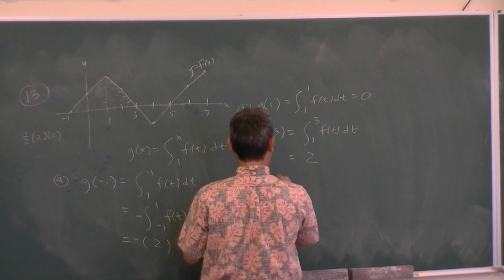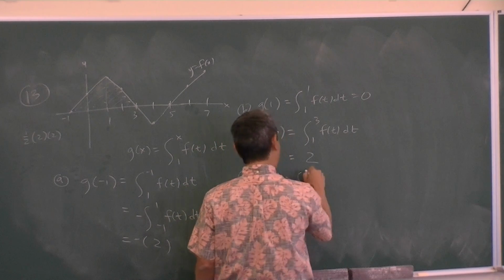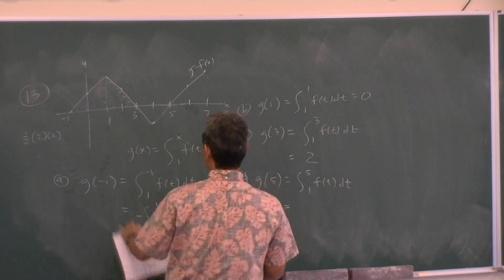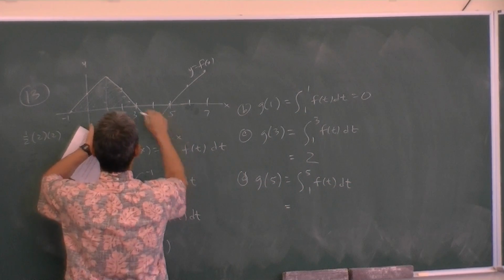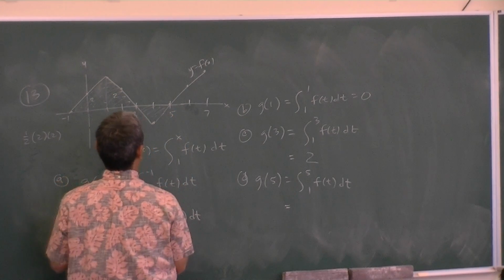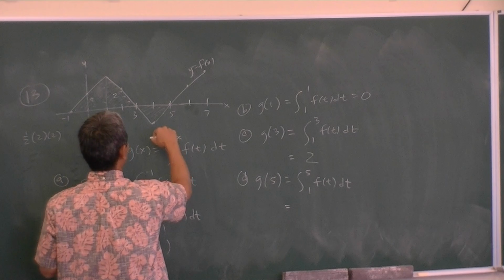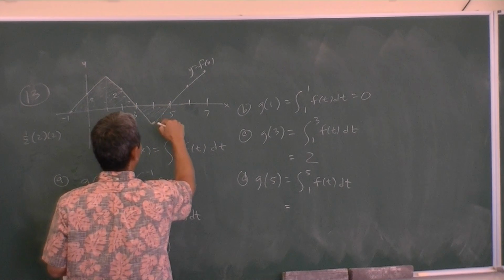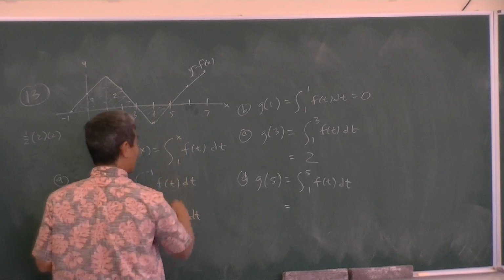D. g of 5. That's the integral from 1 to 5 of f of t dt. Okay, so from 1 to 5. Now this is 2, this is 2. What's this area right there? 1/2 base times height, 1/2 times 2 times 1, which is 1.